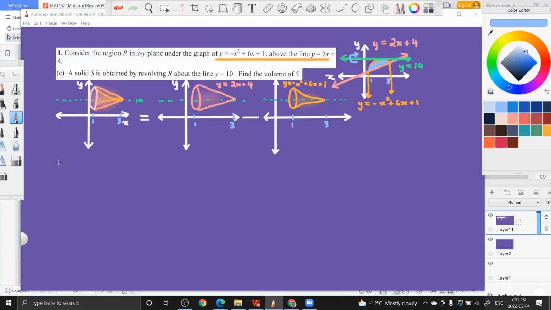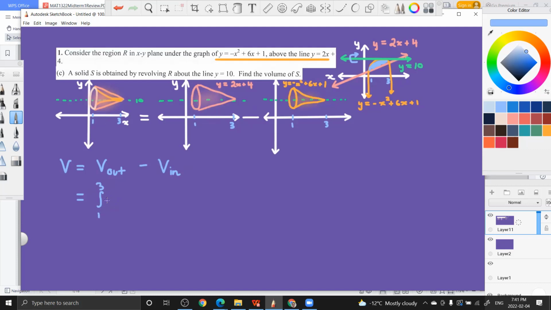The volume is equal to the volume of the outside function minus the volume of the inside function. So this is the volume of the outside function, that's the volume of the inside function. And this is equal to the integral from 1 to 3, because that's from 1 to 3, right?